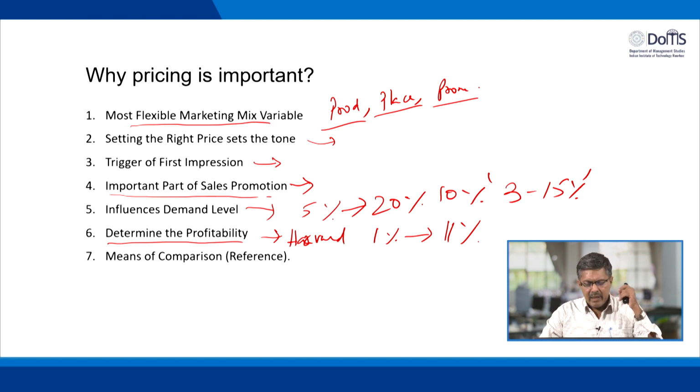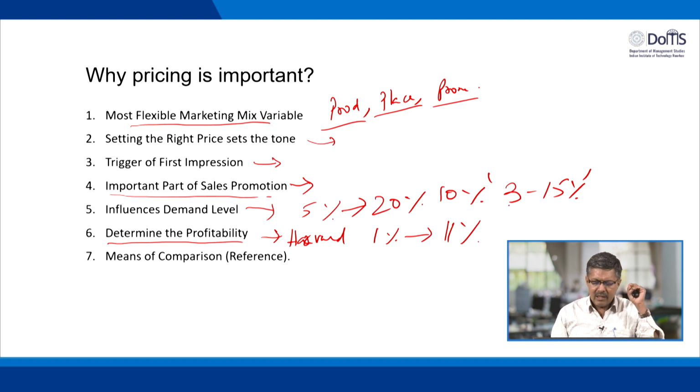Now, you can understand, if I am increasing the price of my goods, assuming that the sales remain the same, my variable cost remains the same, my fixed cost remains the same, the profitability of the company increases by 11%. Now this is a very important thing to know.